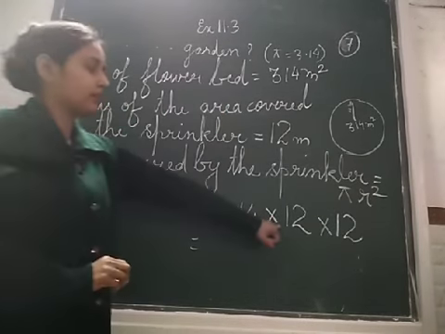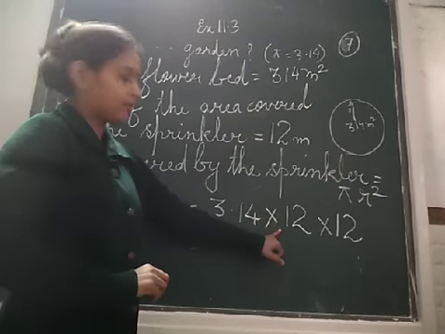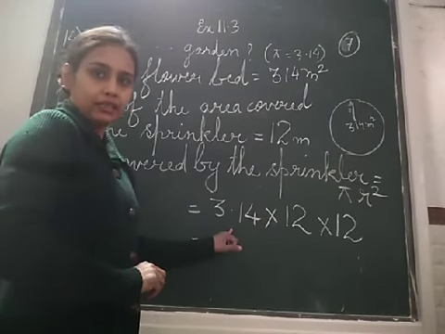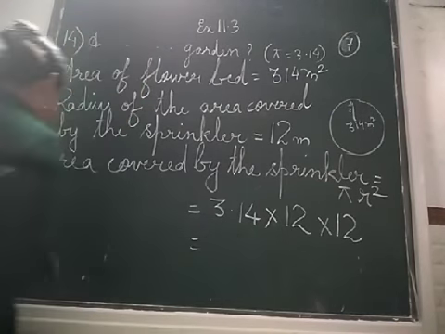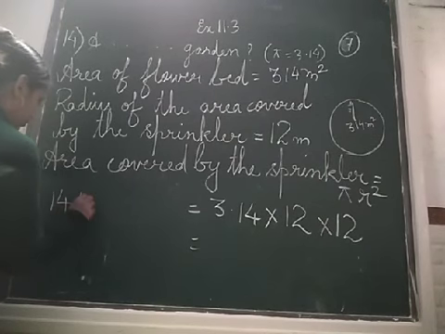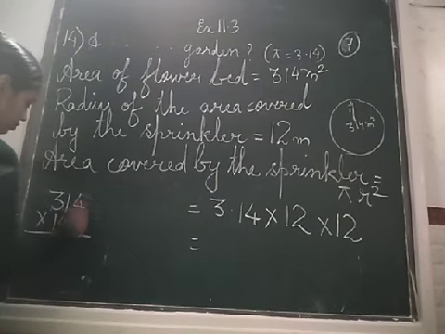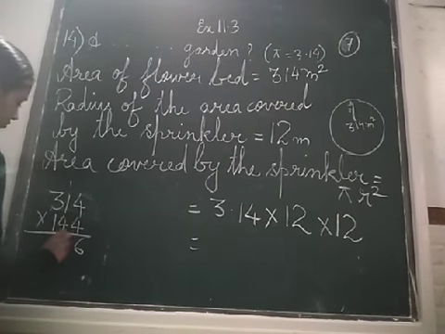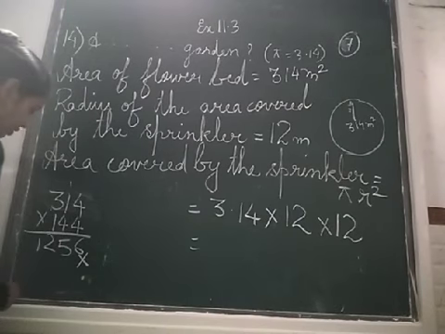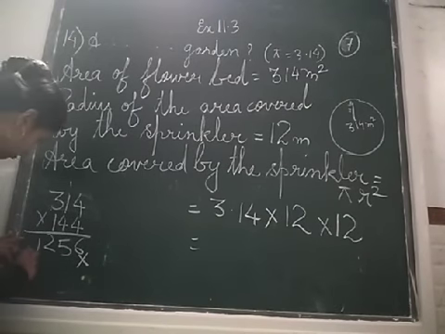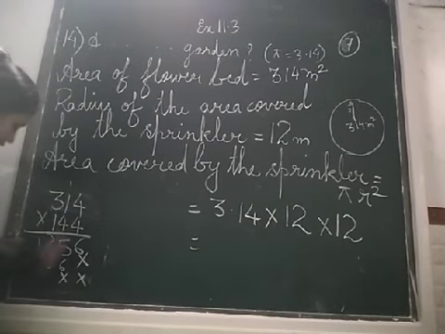So 12 12s are 144. We multiply 144 and 3.14. 4 4s are 16, 4 1s are 4, 4 3s are 12. The same will come because we are multiplying by 4 once again. So 1256, double cross, 314.